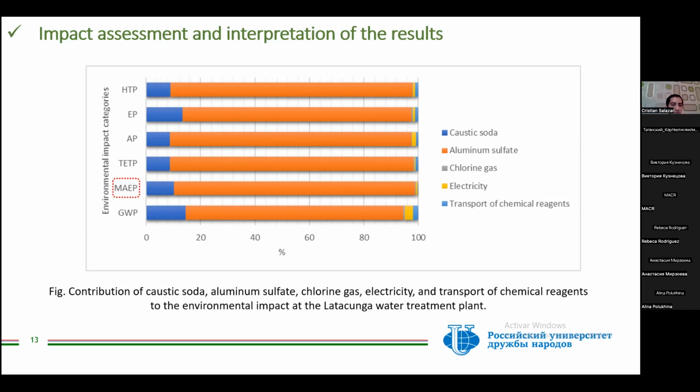About 98% of the total amount of marine aquatic ecotoxicity potential is accounted for by the coagulation flocculation process, and it accounts for 94% of the total amount of global warming potential.